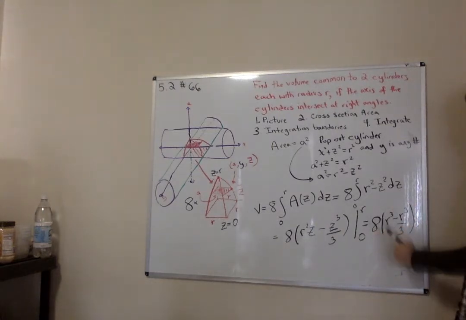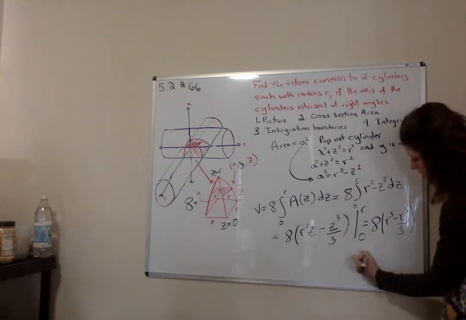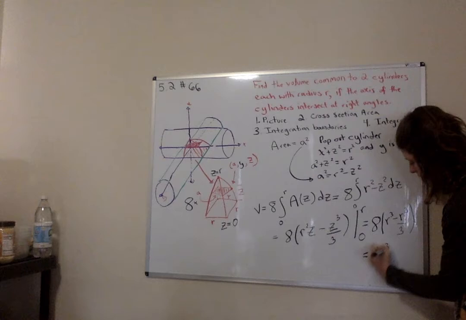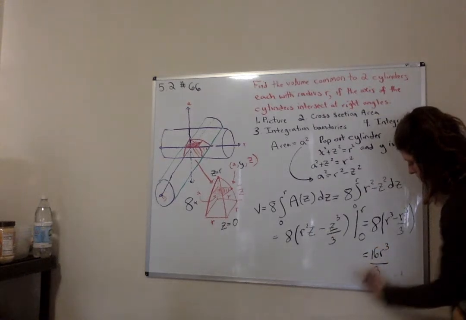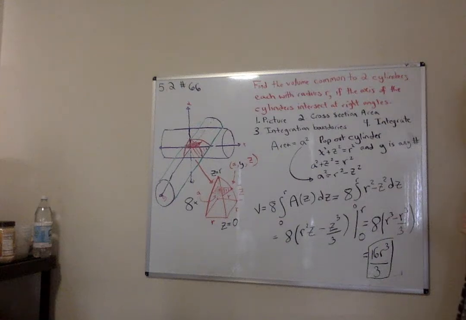So I have 8 times r cubed minus r cubed over 3. 1 minus a third is 2 thirds, so this is 2 thirds r cubed. 8 times 2 thirds gives me 16 thirds, so this is 16 r cubed over 3. And that's my final answer.